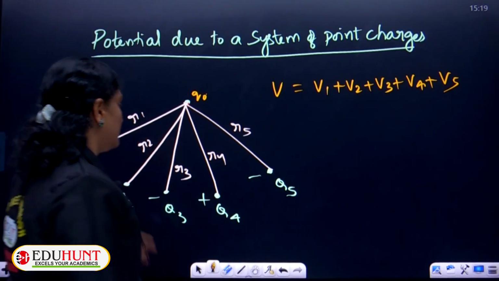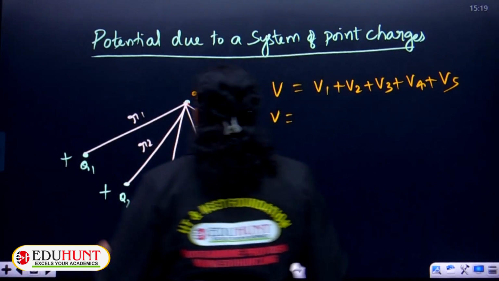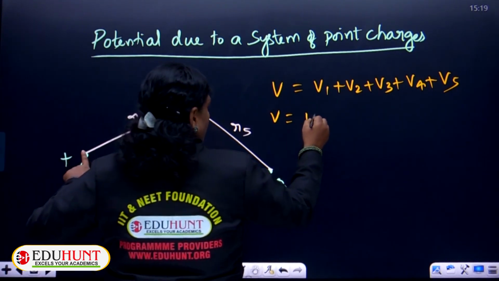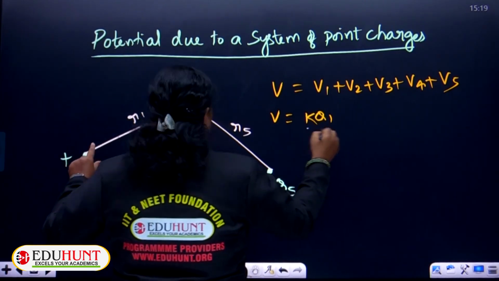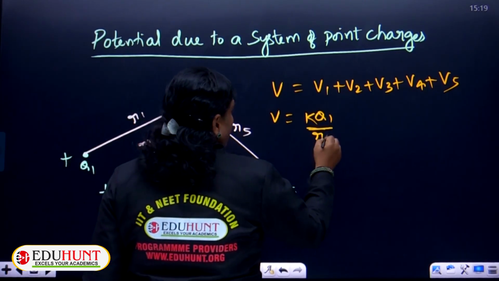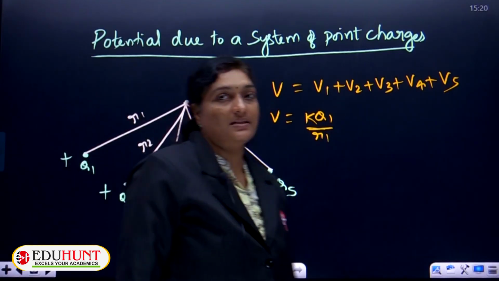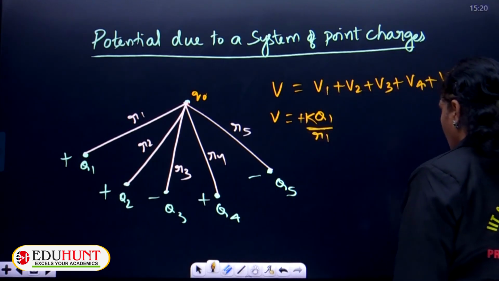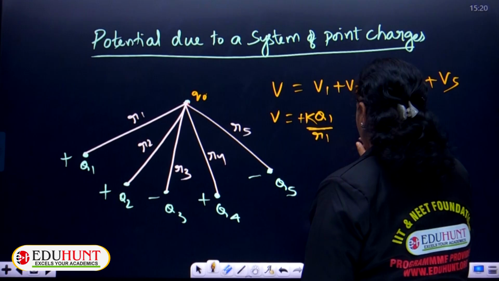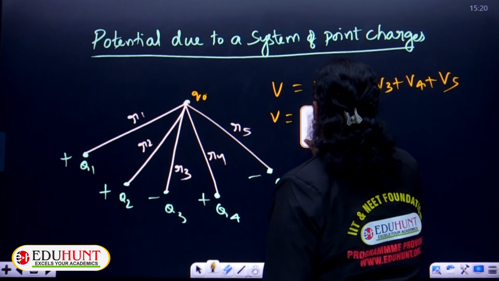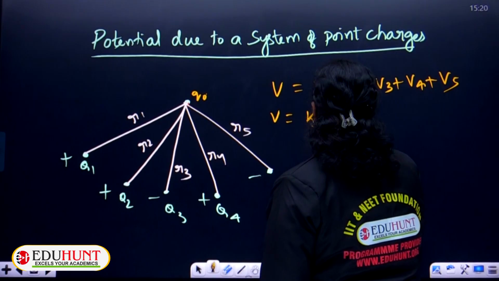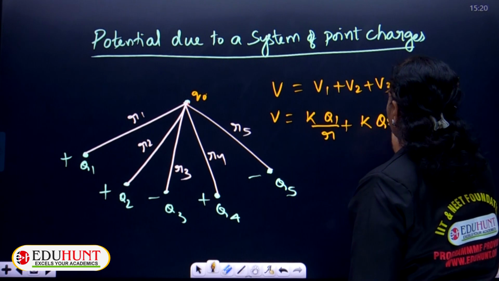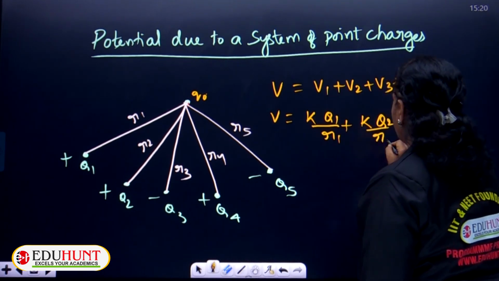Consider the potential due to the first charge, given as V1. The formula is K, with Q1 as the charge and distance R1. The charge is plus, so this will be plus KQ1 upon R1. Similarly, for V2, K times positive charge Q2 upon R2.